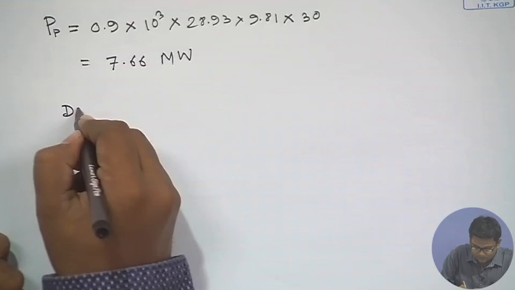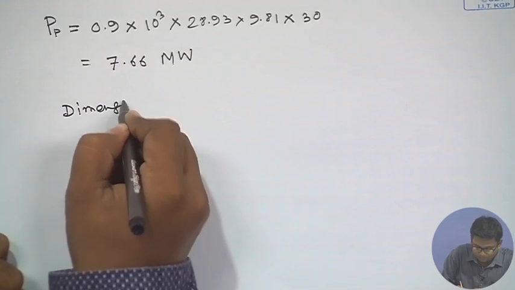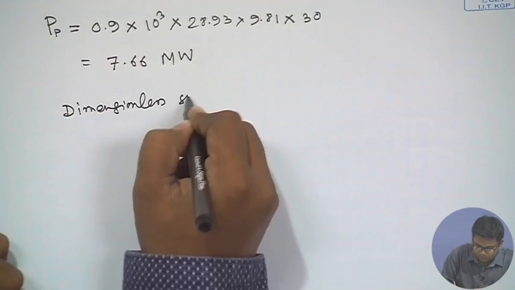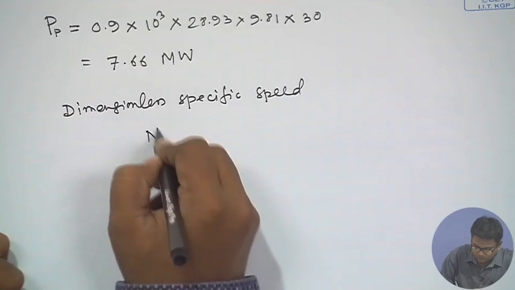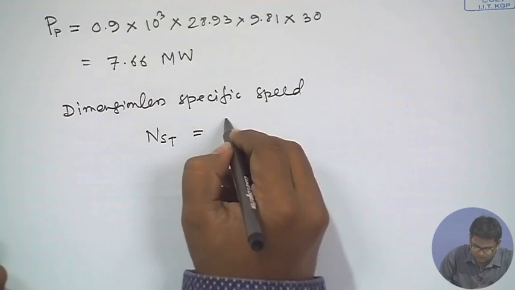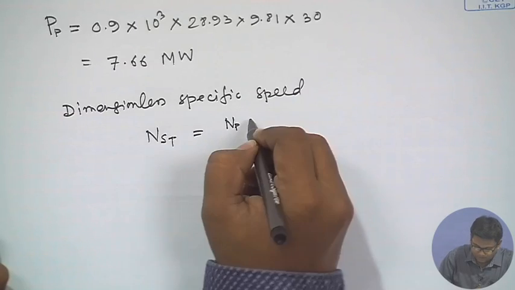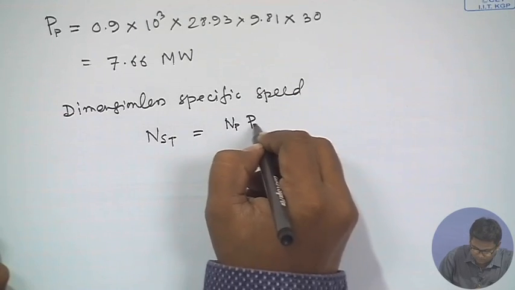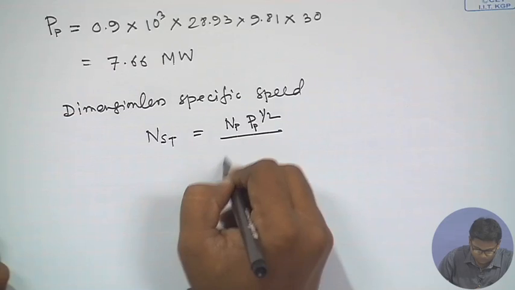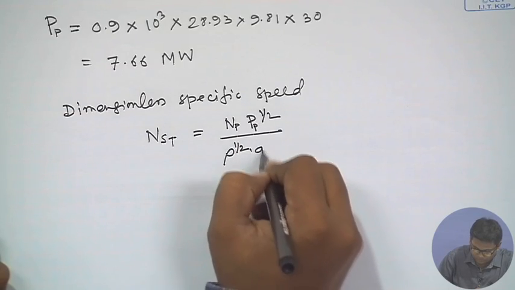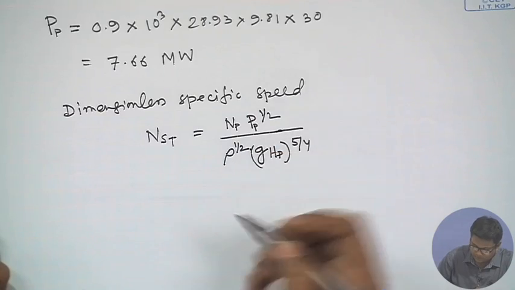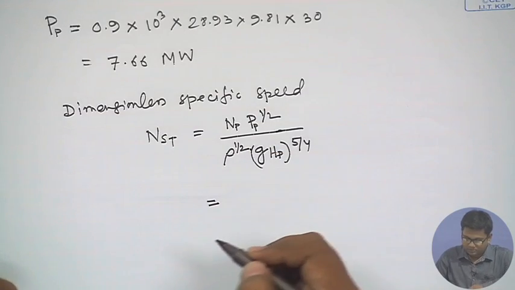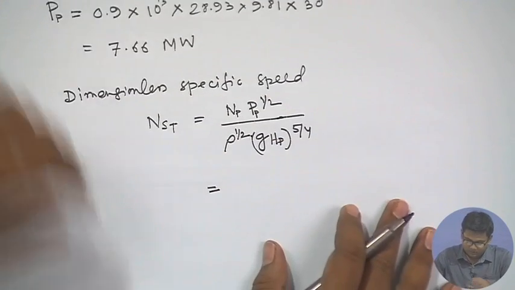The last quantity of interest is the dimensionless specific speed, or Nst, which is Np Pp to the power half by rho to the power half times g Hp to the power of 5 by 4. This is the expression for the dimensionless specific speed of the prototype machine.